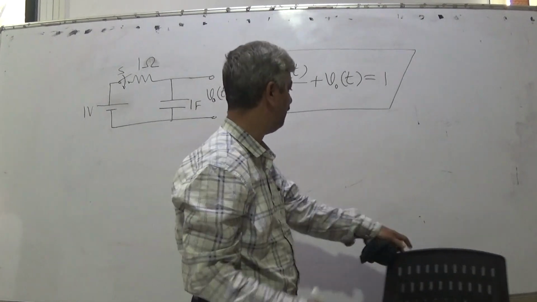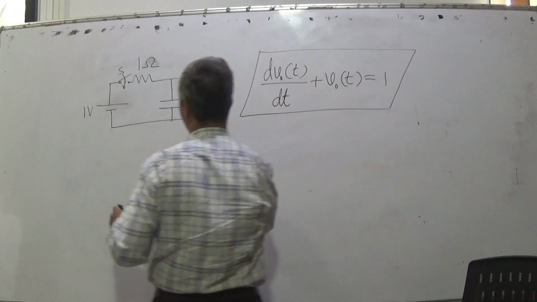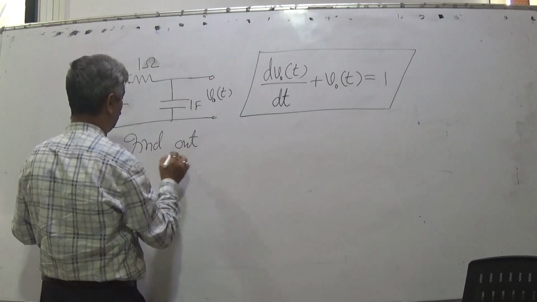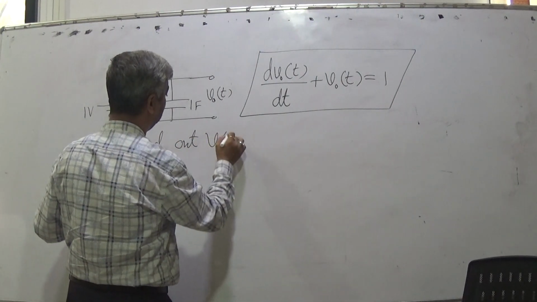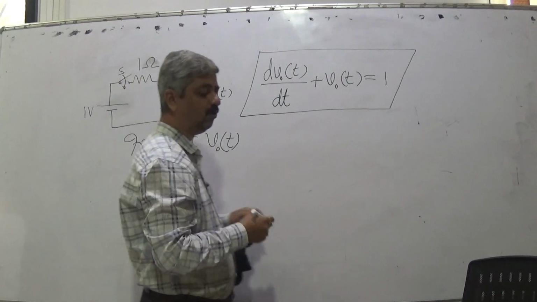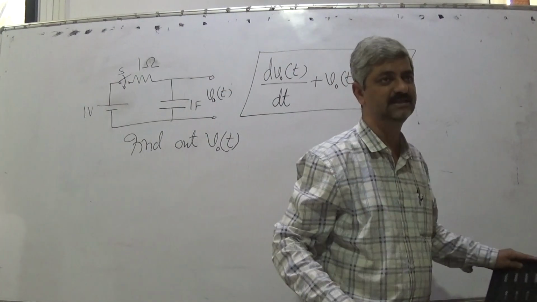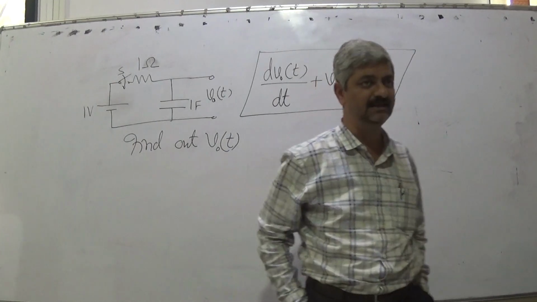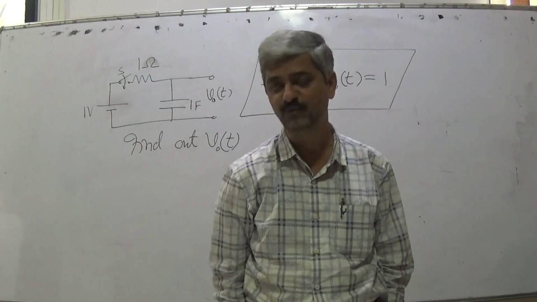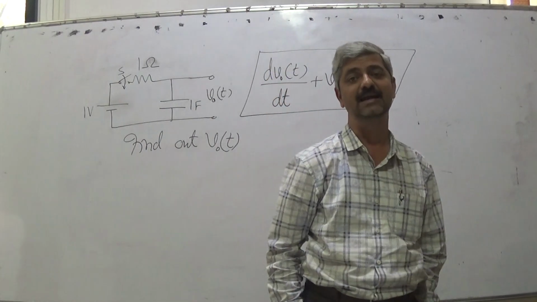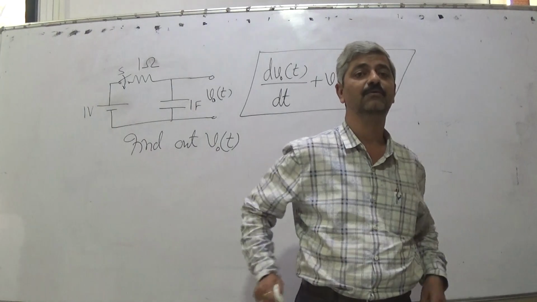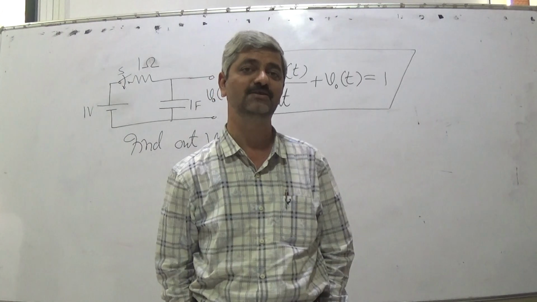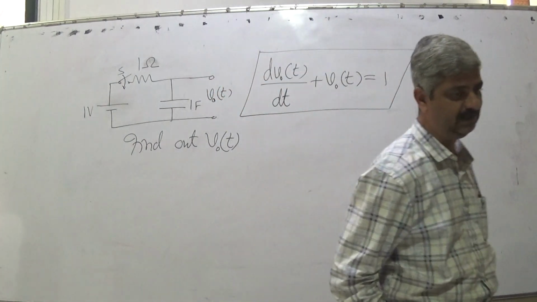Find the expression for v0(t) if a 1 volt constant voltage source is connected to an RC circuit at t equal to 0 by closing the switch, with R equal to 1 ohm and C equal to 1 farad, as shown in the figure.